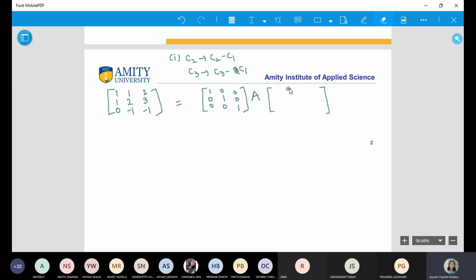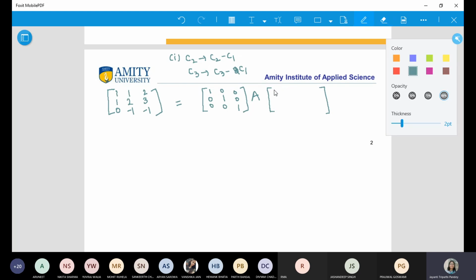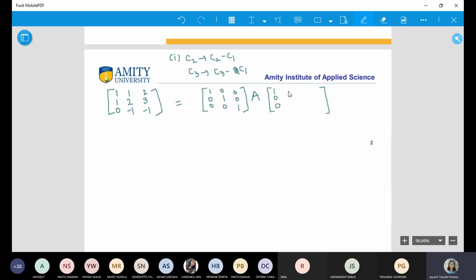Just a minute. Let me write it again. It's all messed up. C2 minus C1. See what you had. Now with this first step, the first step is C2 minus C1, no change in first column.